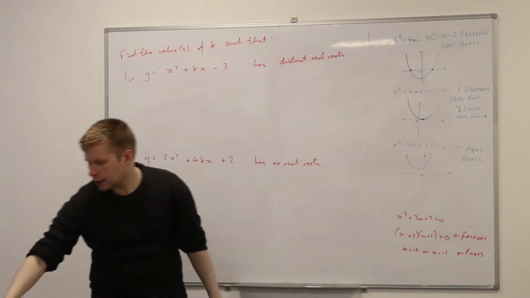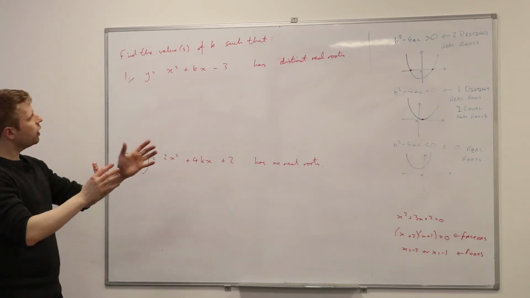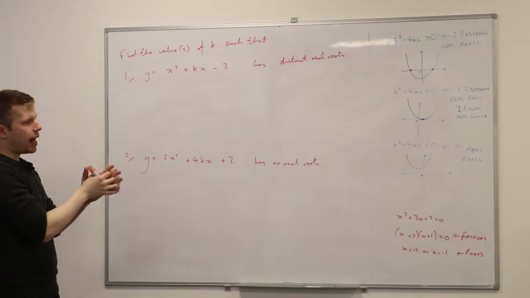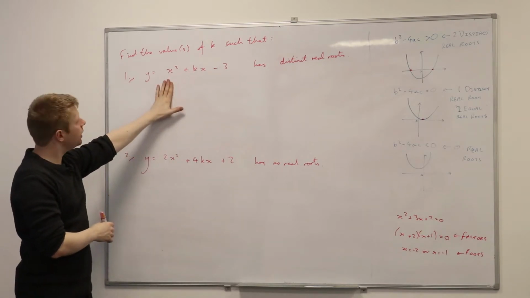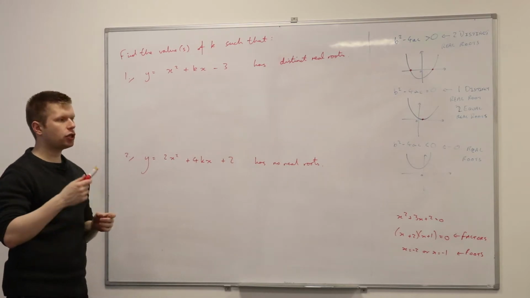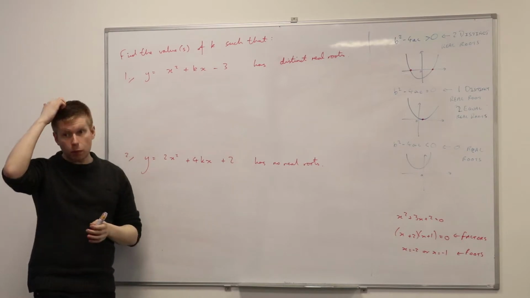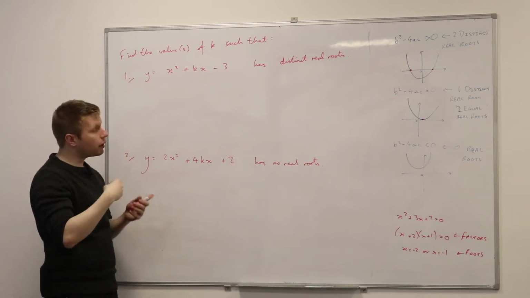Good. All right, so let's have a look at these questions then. Find the values of k such that this quadratic, y equals x squared plus kx minus 3, has distinct real roots. So how many roots am I looking for? I'm looking for 2. Now, how am I going to go about doing this?